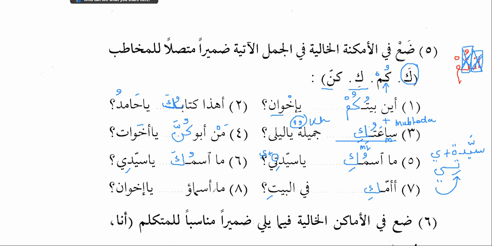Ma asma'u. Now asma is the plural of ism. So masma'u, ya ikhwan. This is male plural, so I will take kum. Masma'ukum. Here what is happening now is that this is actually a hamza, and it has come with a seat.